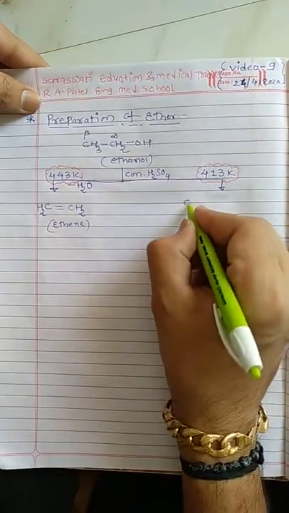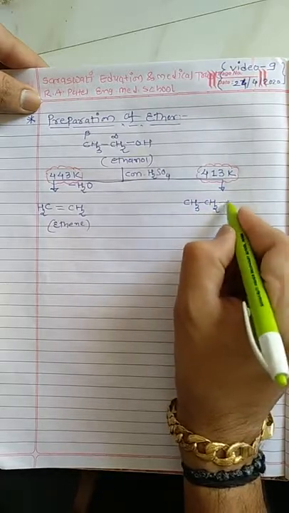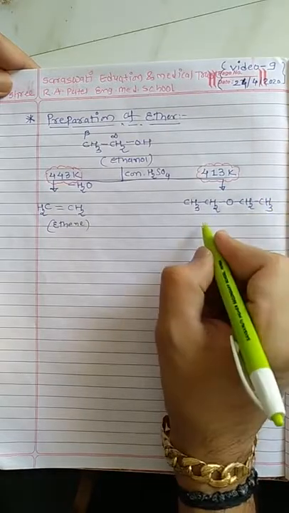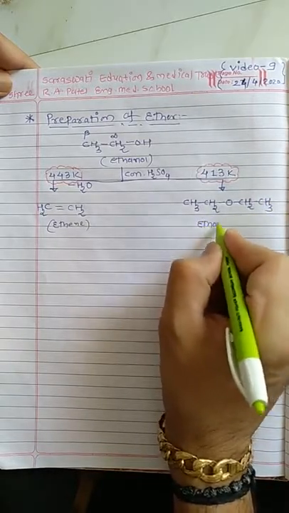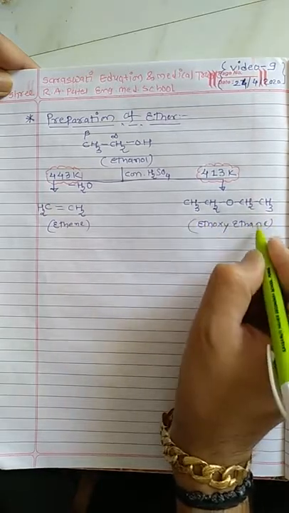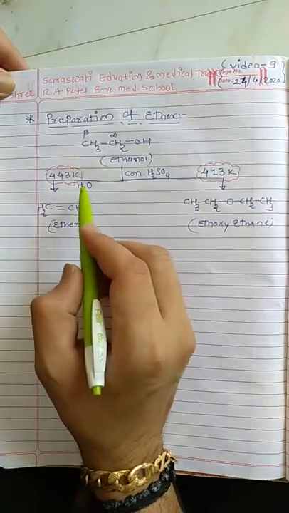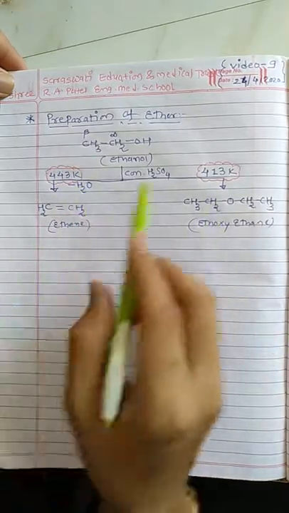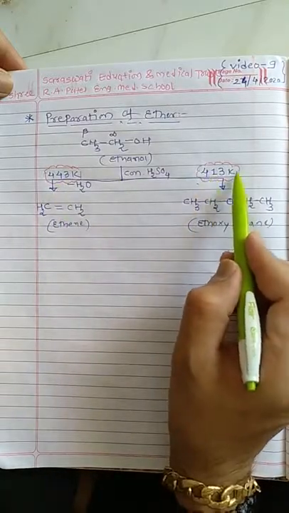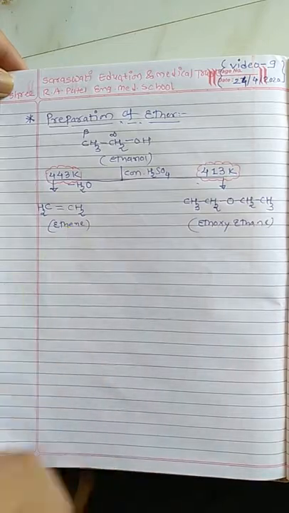It will give CH3 CH2 O CH2 CH3. This is called ethoxyethane, which means our ether compound is prepared. Actually it requires 2 moles of ethanol over here, but we have to check which parameters are different. The first parameter is temperature. At lower temperature it will give ether, but at higher temperature it will give alkene.